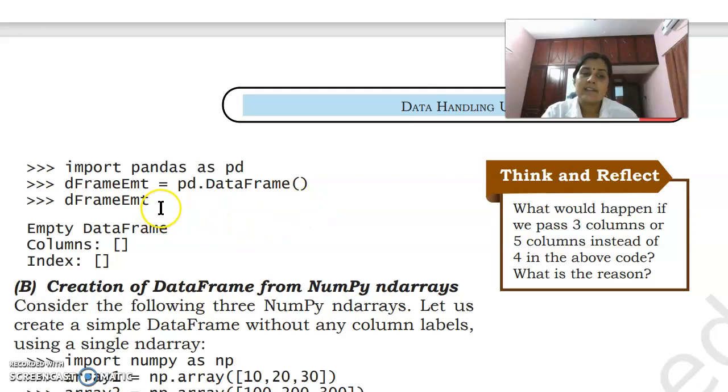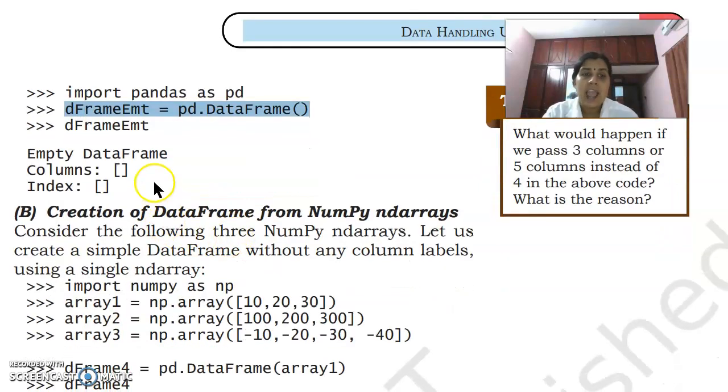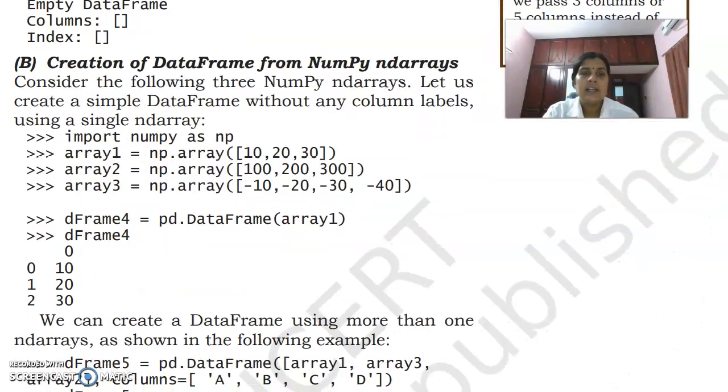Then a data frame is created which has no values because we created an empty data frame. Like in series, only this statement will be different. Here we used pd.Series in series creation, but in the case of data frame, we use pd.DataFrame. So this is an empty data frame because we didn't supply any value to the data frame.